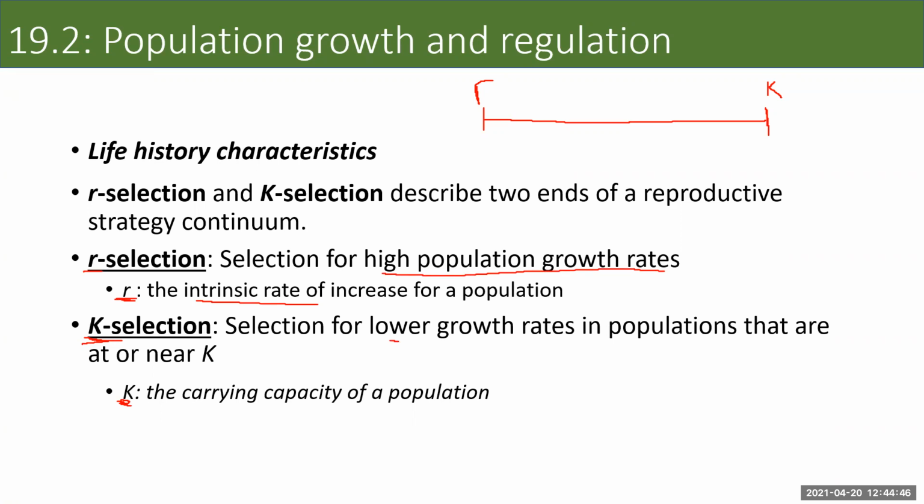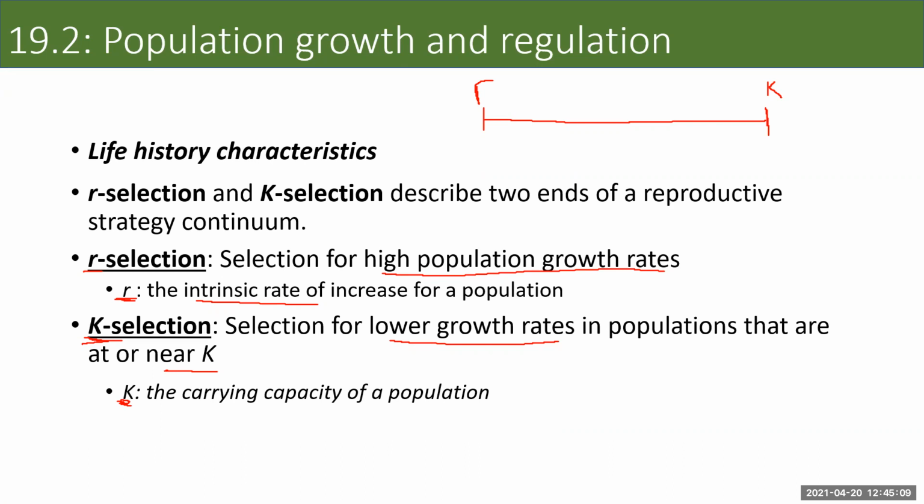K selection, they have low population growth rates. And so their populations are seen as having growth rates that are similar to growth rates that are near or at carrying capacity, right? Whereas R selection has really high population growth rates.